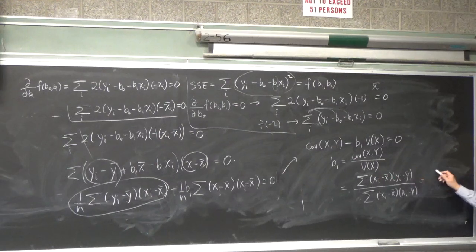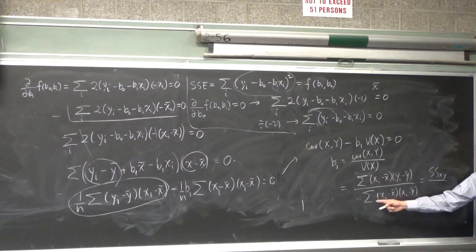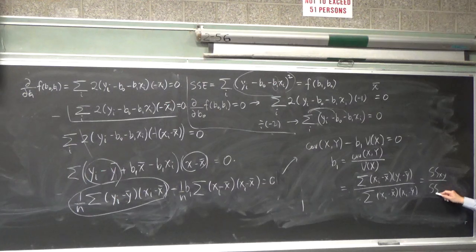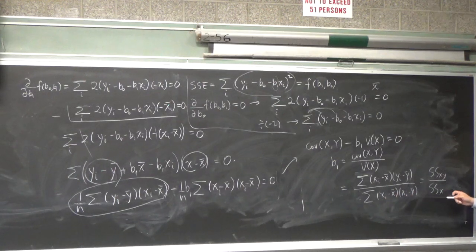The top one is called sum of squares of xy, although it's not a square, they just say it as sum of squares of xy, because it looks similar to this one. This is the sum of squares of x, because this is indeed a square. Okay? So another formula that you would see would be that the slope of the linear regression is obtained by SSxy divided by SSx. Okay? So that's what we proved using calculus.